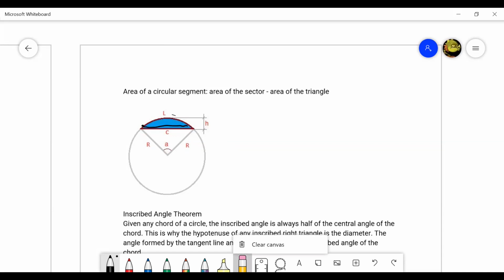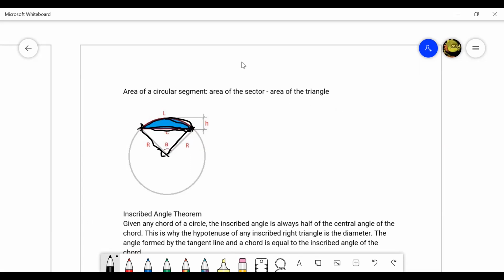That's found by taking the area of the sector that is formed when you take the two endpoints of your segment and connect them to the center. You take the area of the sector and subtract the area of that triangle to find this shaded area, like so.